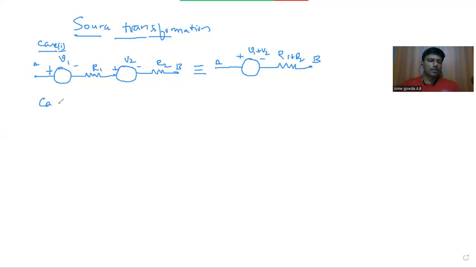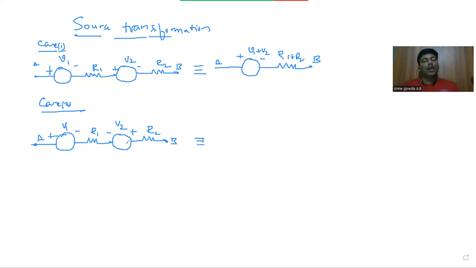So if I consider case 2, if two voltage sources V1 and V2 are of opposite polarity, connected across terminals A and B, then I can replace these two voltage sources with a single voltage source and the two series resistances with a single equivalent resistance.